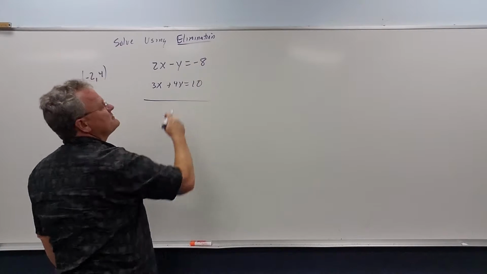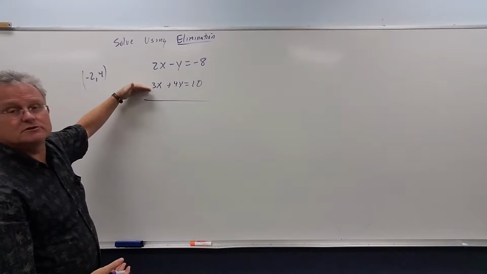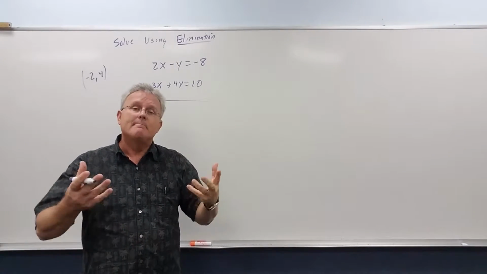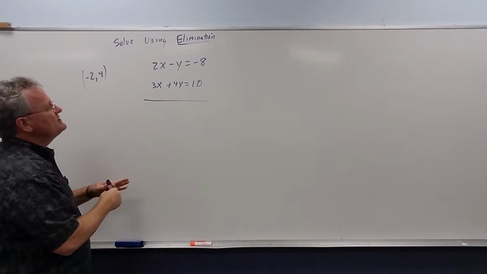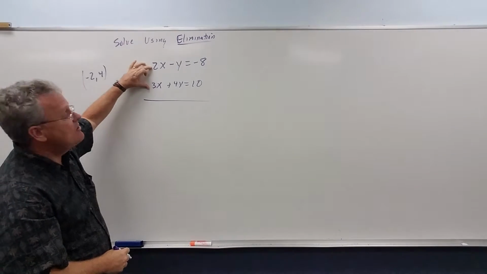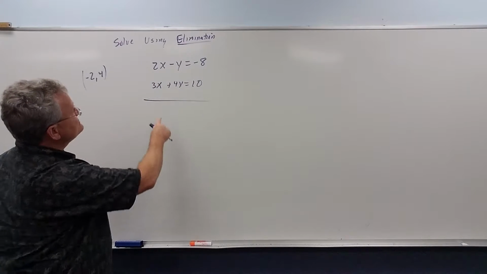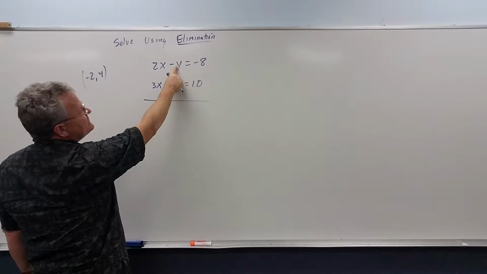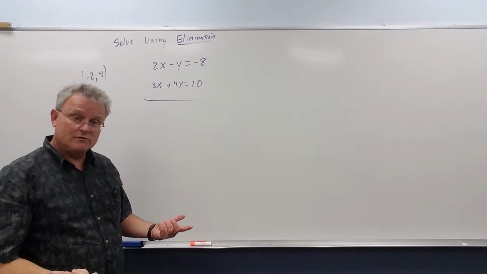So the goal here in elimination is we want to multiply one equation or the other, or sometimes both equations, by numbers so that when we add the two equations, either the x's add up to 0 or the y's add up to 0. How do we do that? Well, notice if I multiply this equation by 4, this will become -4y, and -4y plus 4y is 0.